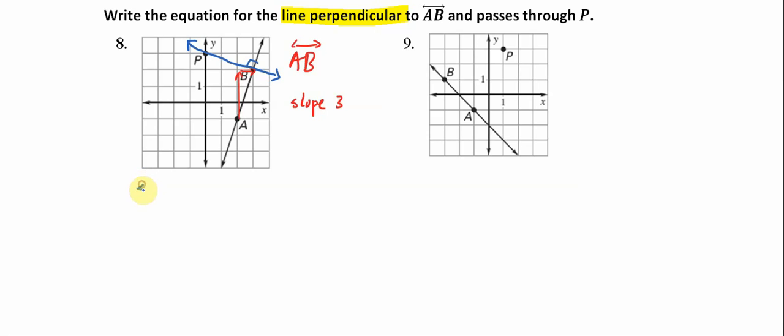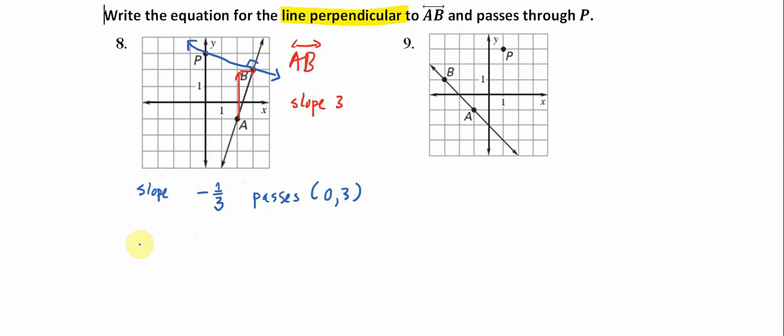So the slope has to be the opposite, which is negative, and the reciprocal of 3 would be 1/3. And it has to pass through P, so it has to pass through (0, 3). That's the coordinate of point P.